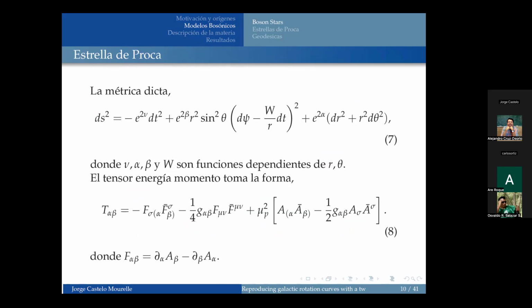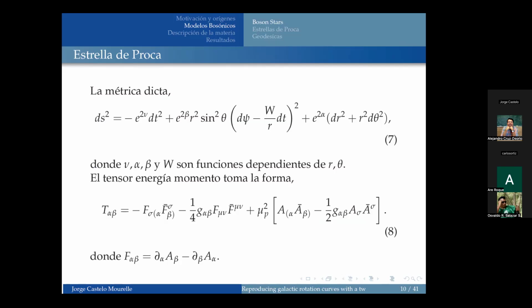Then in my work, we also worked a bit with Proca stars, that are also bosonic stars, in the sense that the thing that we are coupling to gravity is a bosonic field, but right now it's not scalar. As we will see, it is vectorial.